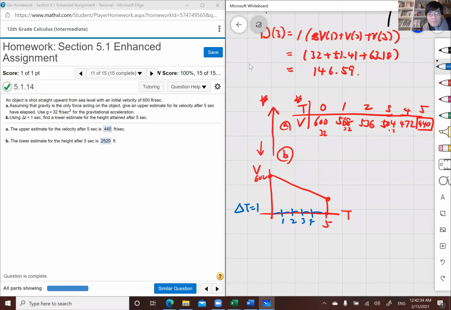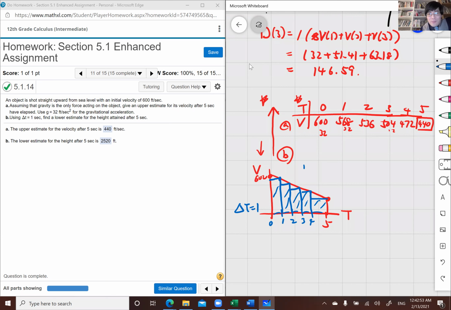So I'm going to make 5 rectangles with the right endpoint for the lower sum, because it's a decreasing function, so we can use the right endpoint for the lower sum. Like this.